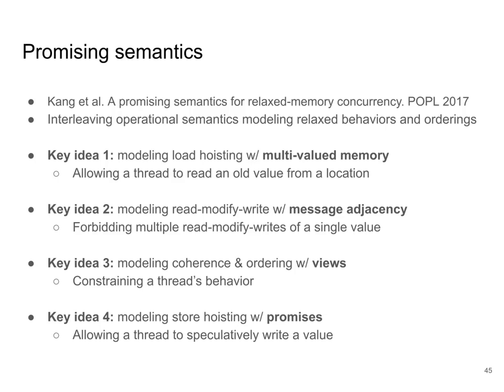The second idea of promising semantics is what is called memory adjacency for modeling read, modify, write instructions. So as we discussed in the previous lecture, read, modify, write instructions should be exclusive with each other. For example, in the implementation of the acquire function of a spin lock, if there are two threads that are trying to acquire a single lock, then we need to make sure that only one of them has successfully acquired the lock.